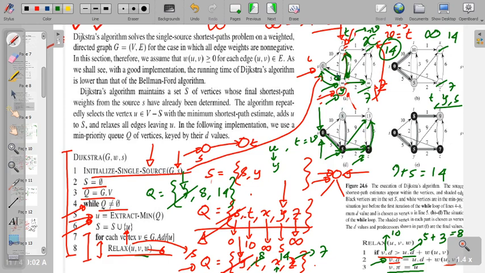So that is the way Dijkstra's algorithm finds the shortest path from a single source. Whatever source vertex you fix, from this source vertex I am trying to find out the shortest path to all these nodes. So you complete this graph after going through this algorithm. This is the way we have to proceed.